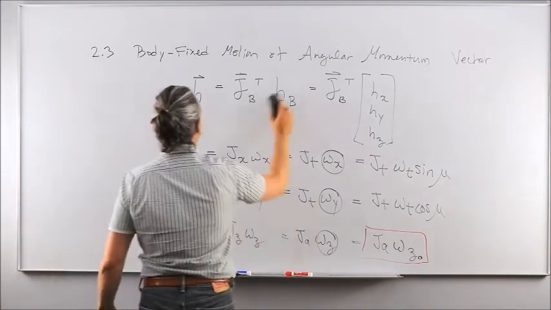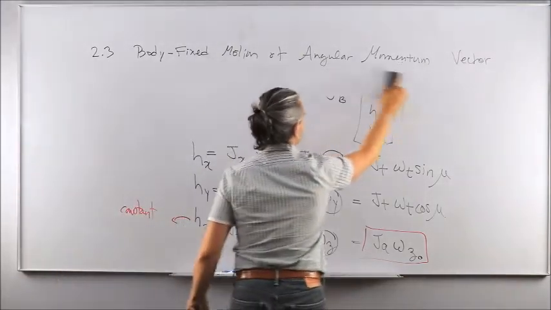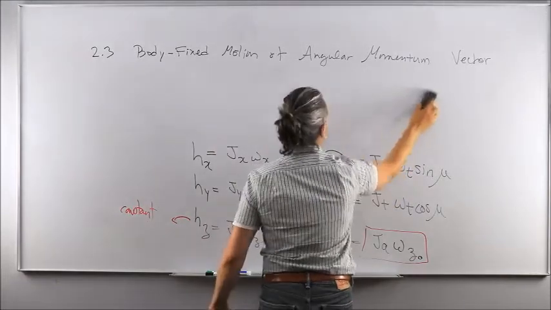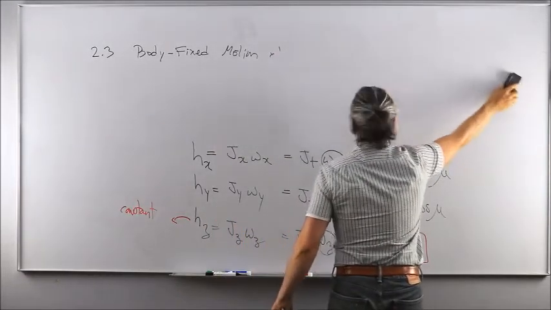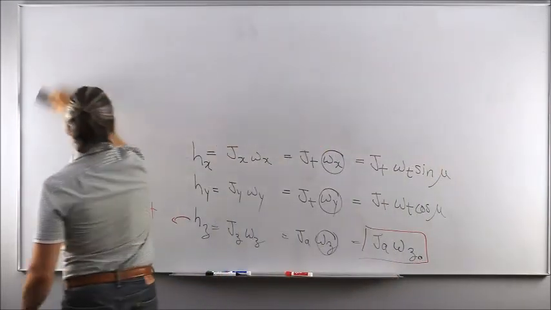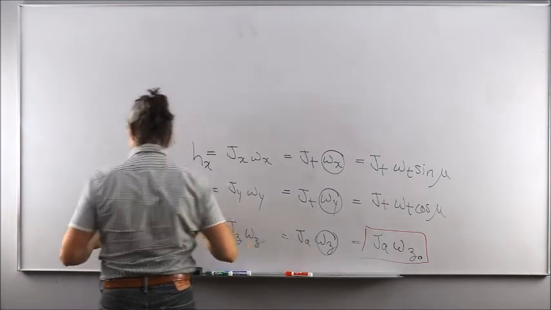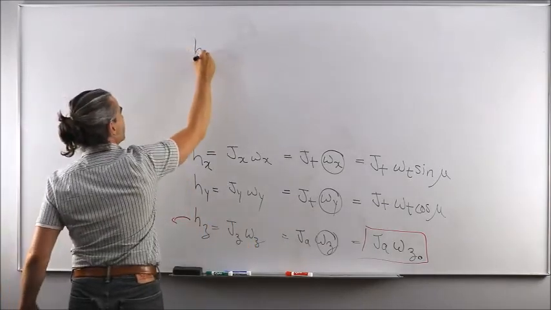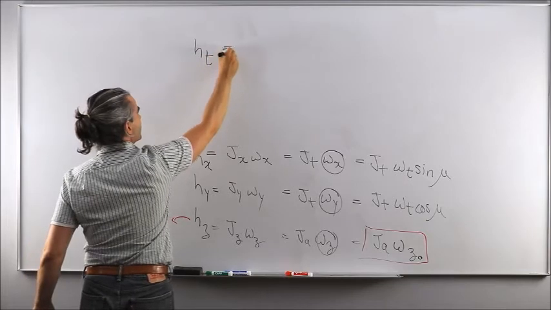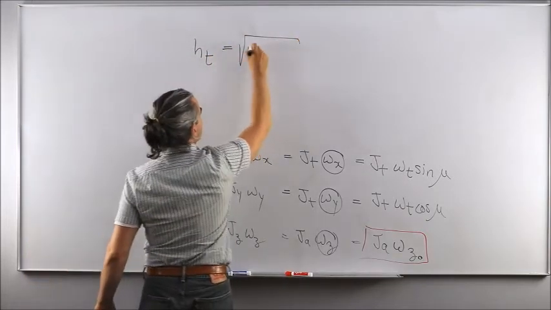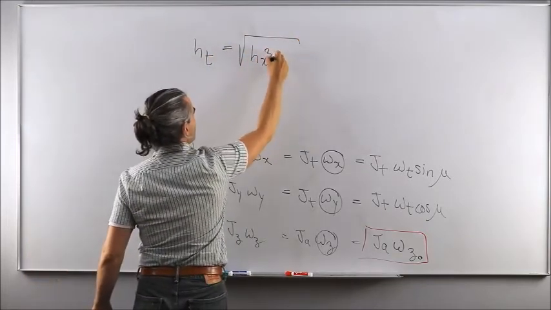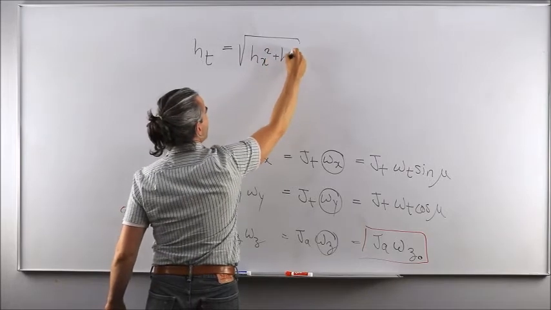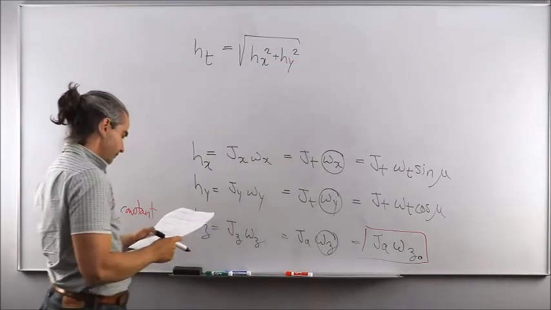What we're going to do next is use the same trick that we've employed for the angular velocity, and specifically the transverse angular velocity definition we had in place. So here we're going to define the transverse angular momentum as being the square root of the x component squared plus the y component squared, like that.